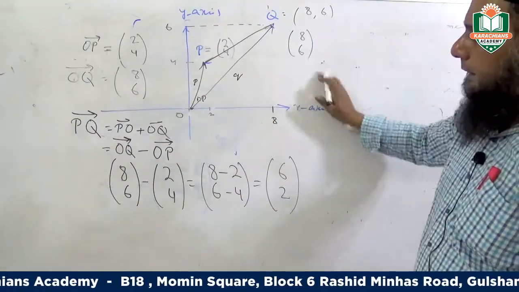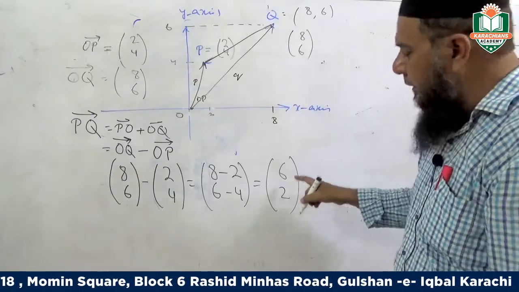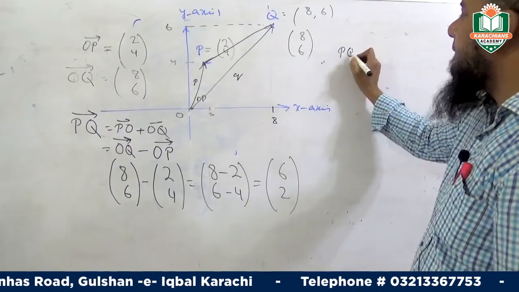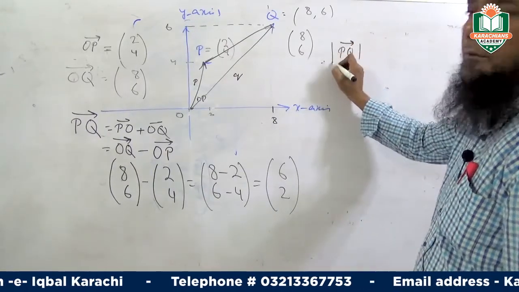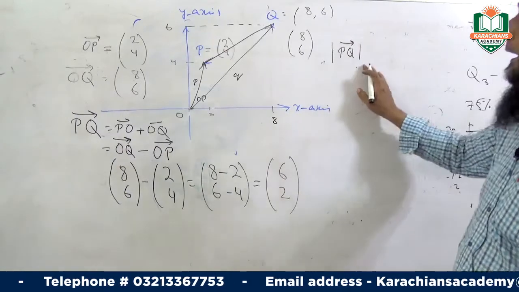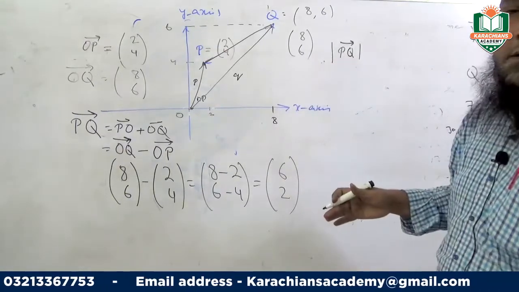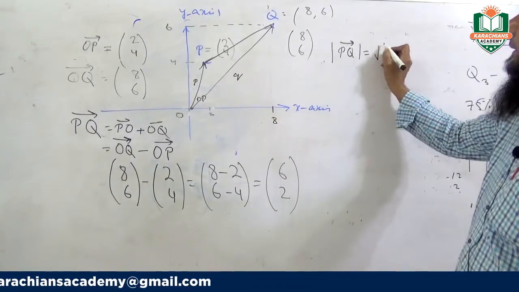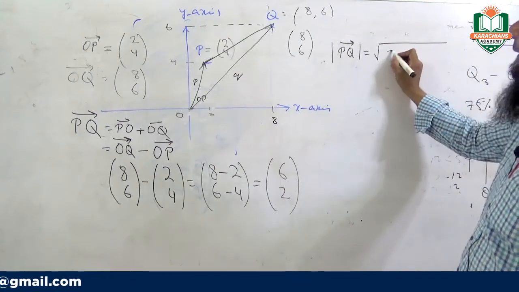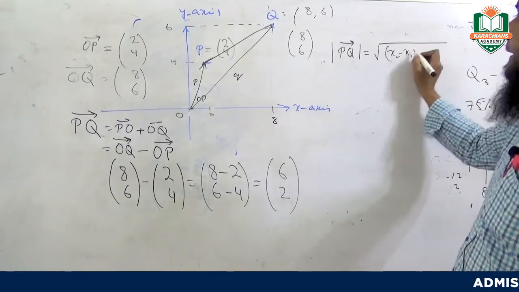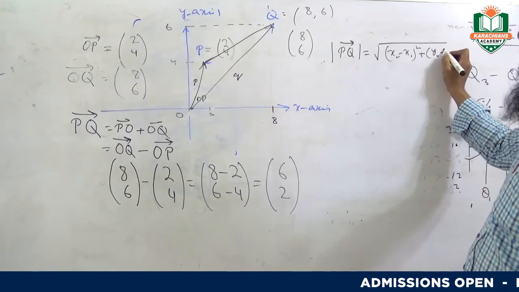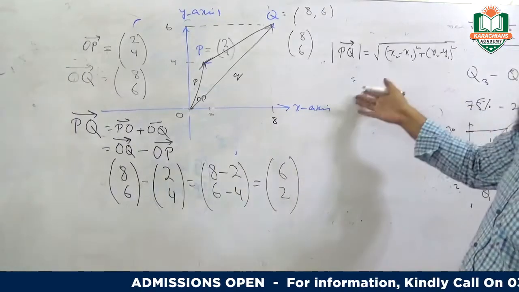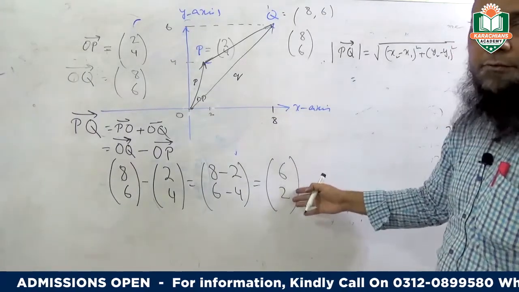Now as far as the displacement or distance is concerned, we place the PQ vector between two vertical lines, which are regarded as the modulus of the vector. Now we apply the distance formula: the square root of x2 minus x1 whole squared plus y2 minus y1 whole squared. But there is no need to use the full formula here, because we have already taken the values 6 and 2.